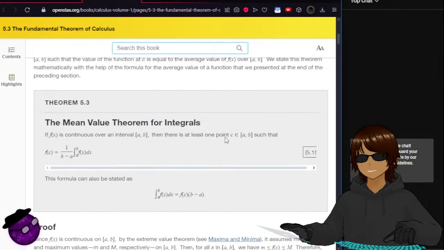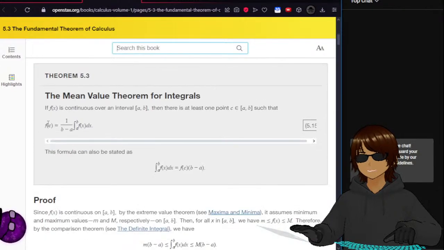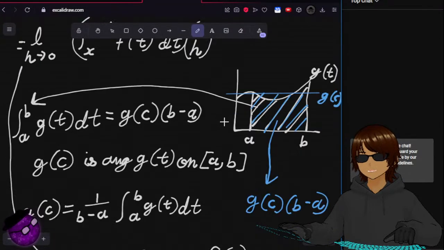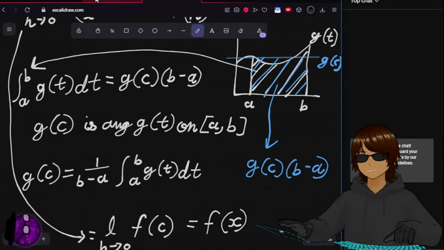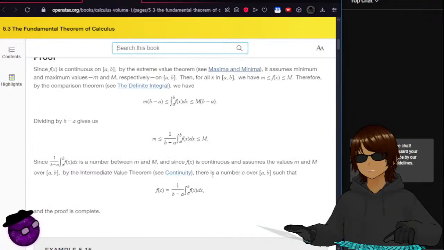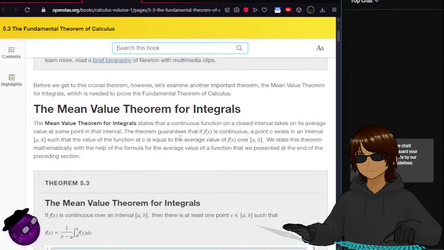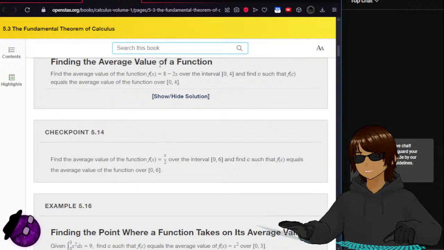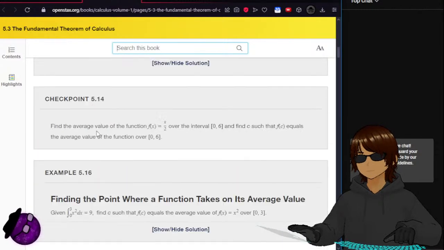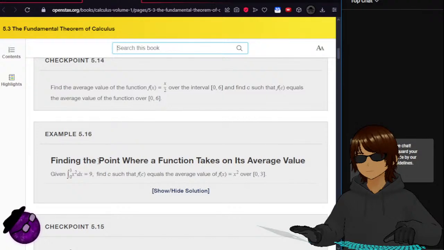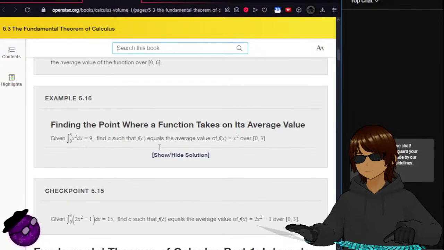Okay, so over here, they basically introduce the average value, what I said over here, and then they use the same proof I do, I think. No, this is for the mean value integral. Average value of a function. So they gave the integral here. So f of c is the average value between 0 to 3.